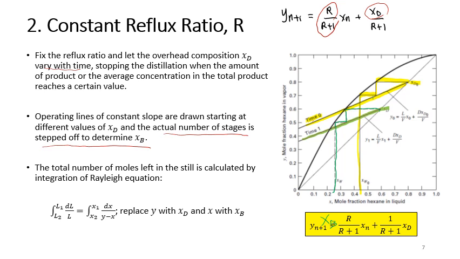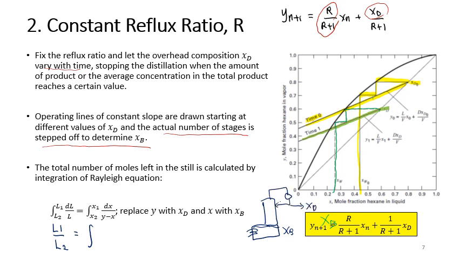The total number of moles left in the still is calculated by integration of the Rayleigh equation. You should remember the Rayleigh equation from the previous topic of differential distillation. This would be the Rayleigh equation that we derived previously. However, in this case, we should use a modified Rayleigh equation. So L1 over L2 equals the integration of, now this is your still, you have xB, and here you have xD.